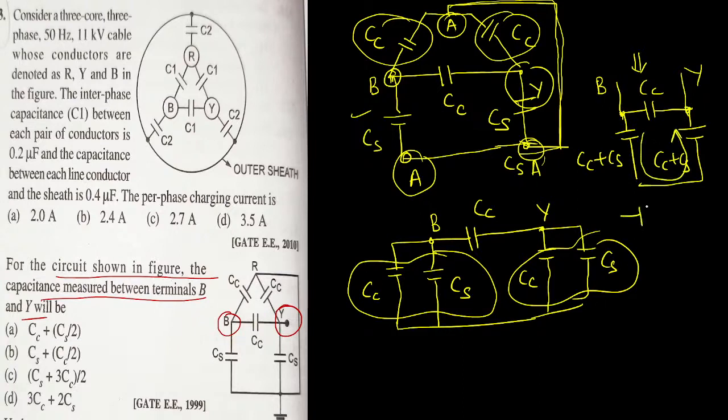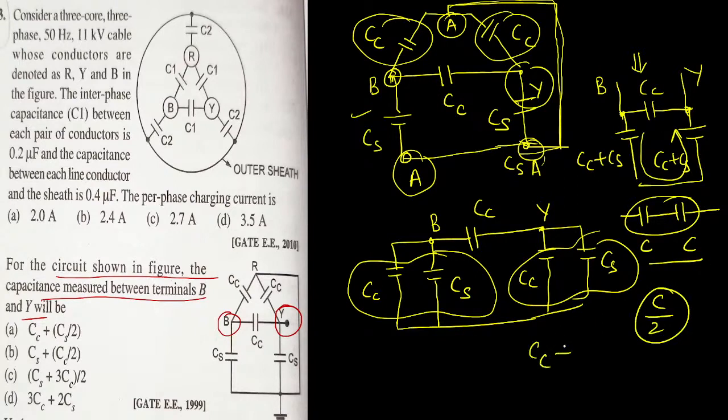When two identical capacitors are connected in series, the net capacitance will become C by 2. So the total capacitance will become CC plus CS divided by 2. That's all, sir, so the series is done. Finally, CC plus CS by 2.